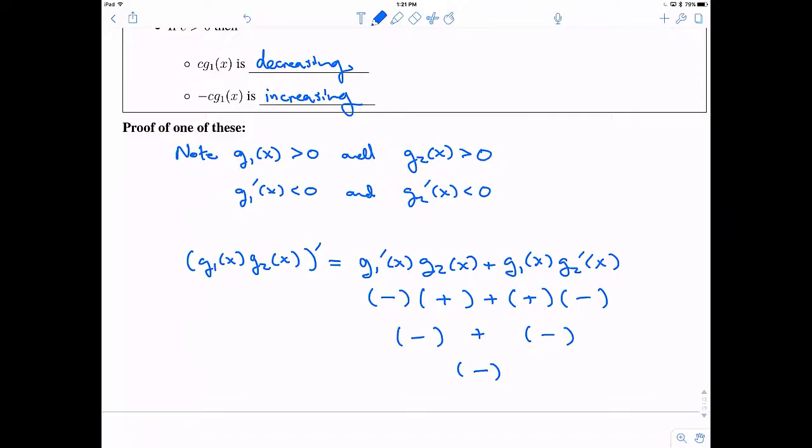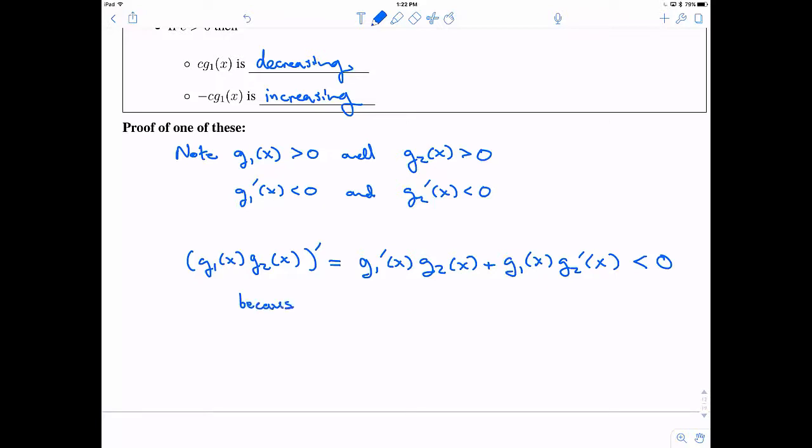Let's be a little bit more formal about this. So let me go ahead and erase this really quick. And now in words, again, this is a proof, so I want to be a little bit rigorous here.